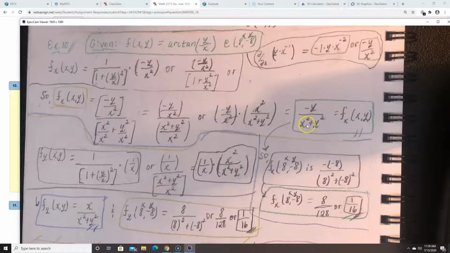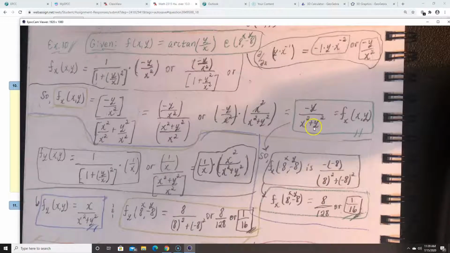Now we do need both variables, the x and the y. So now the partial derivative of f with respect to x at the point x equals 8, y equals negative 8 is, so right up here that's a y, put the negative 8 there, so negative 8 is positive 8 of course.